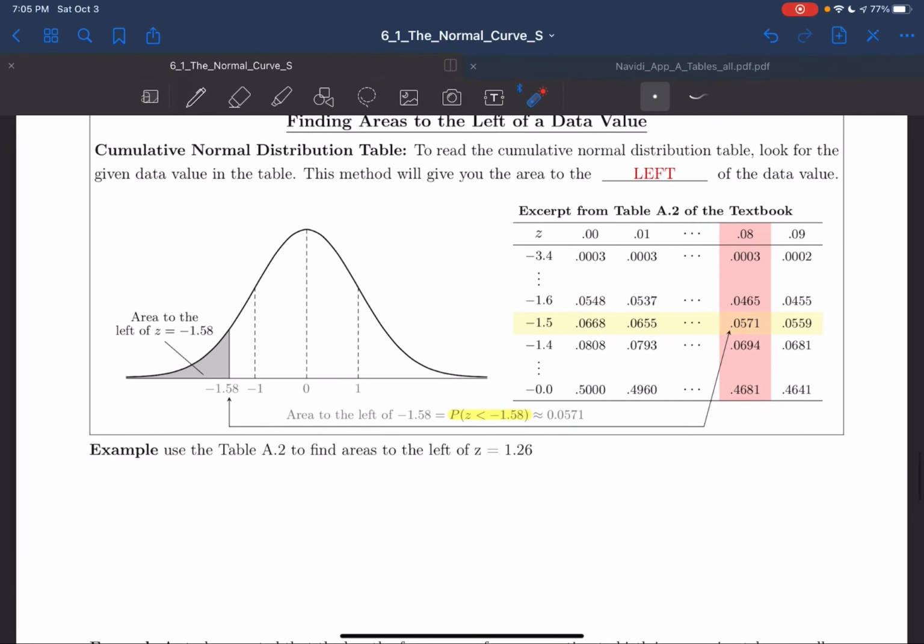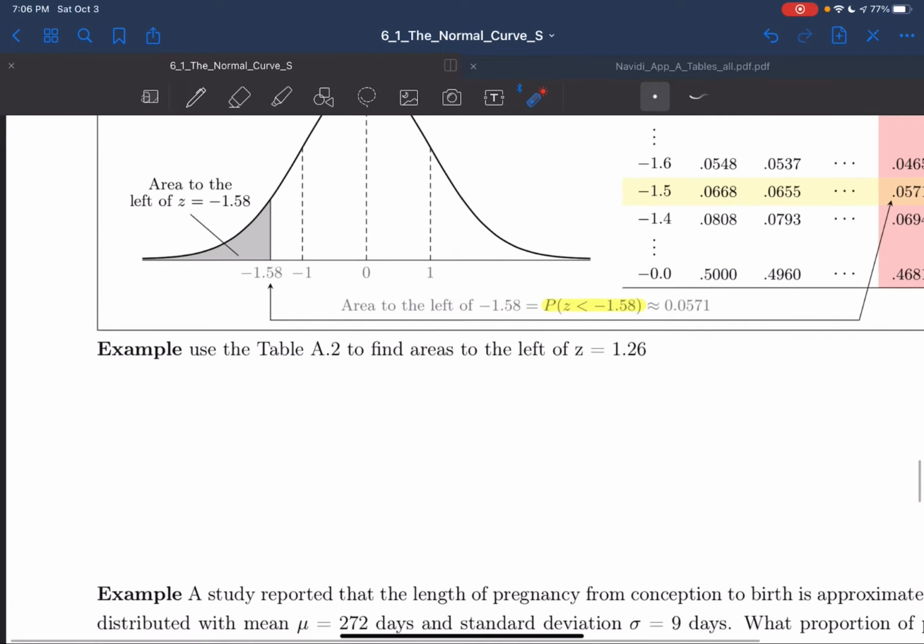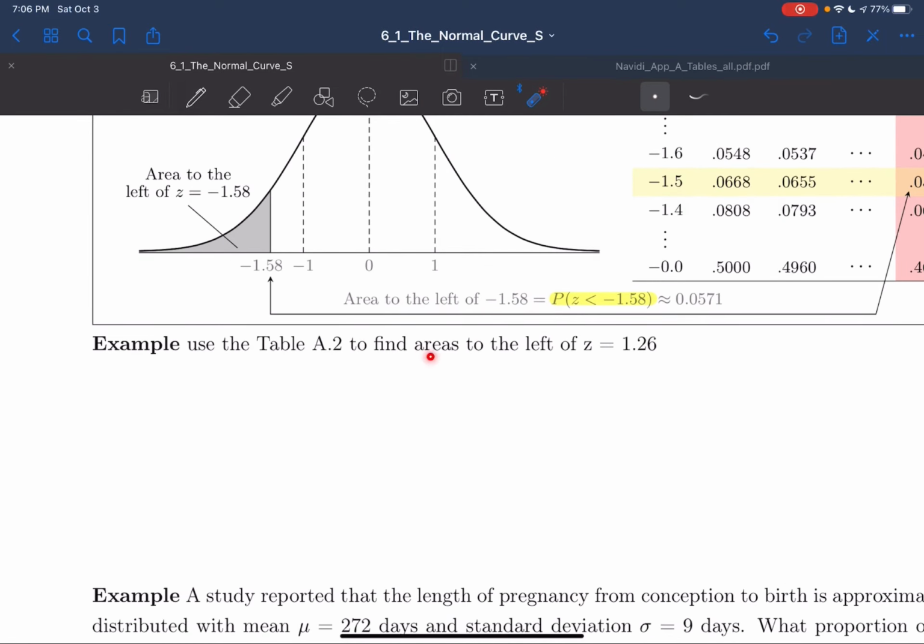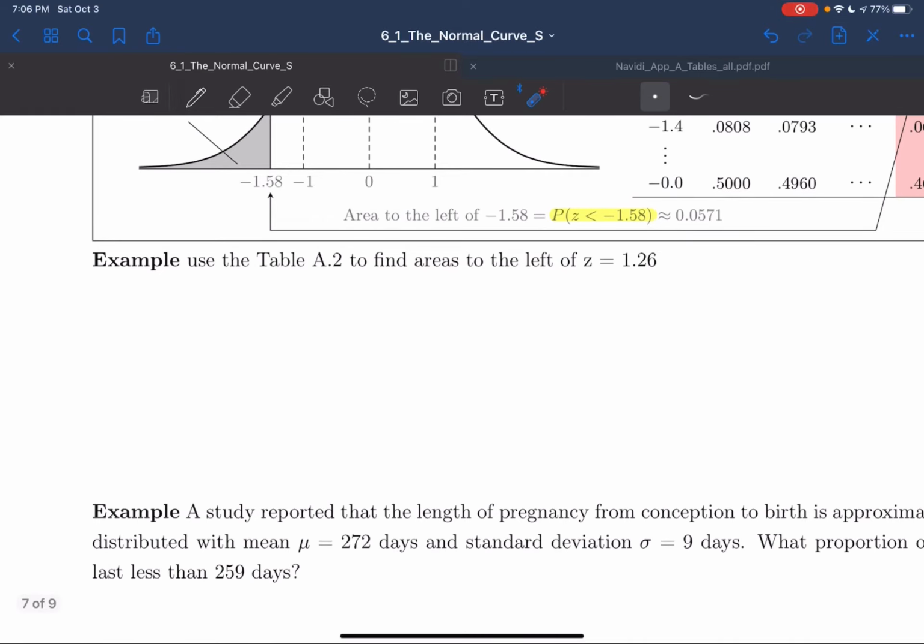So let's do a couple examples. Let's say we want to find the area to the left of z equals 1.26. What I like to do first is draw my standard normal curve.